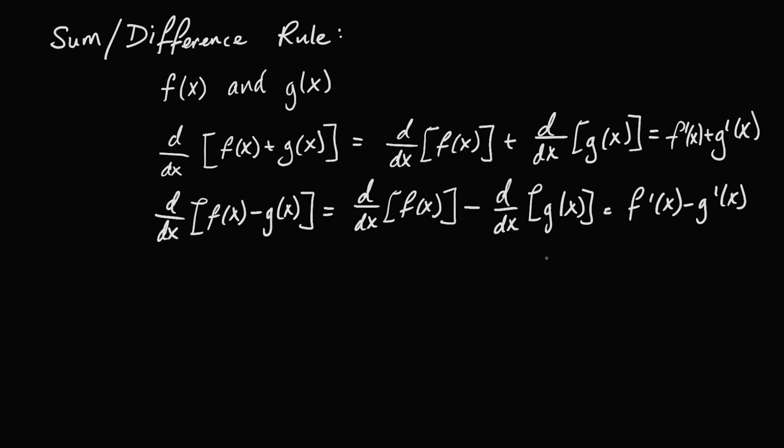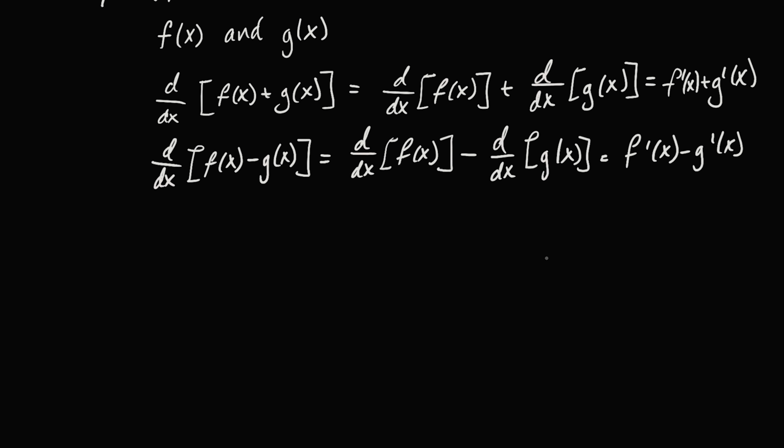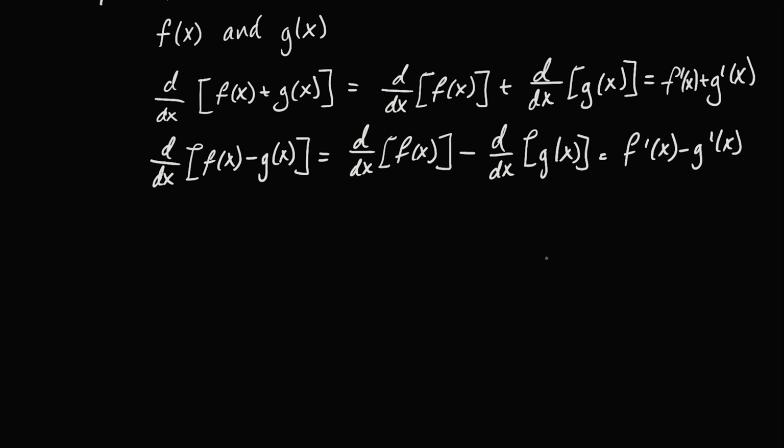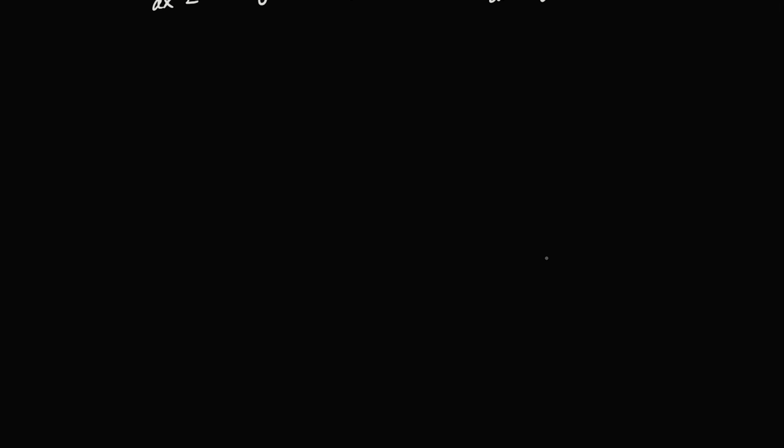We're of course going to do some practice later, after we finish the last rule for this video, which is the power rule. The power rule is slightly more complicated, but it still allows us to evaluate the derivative.